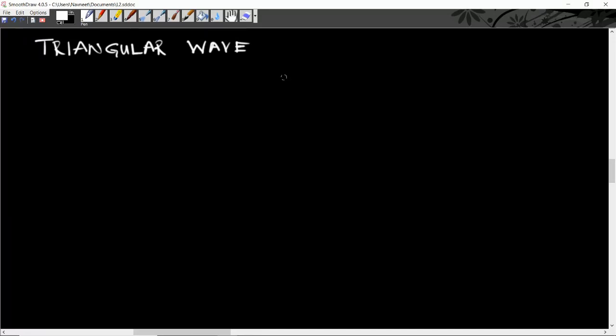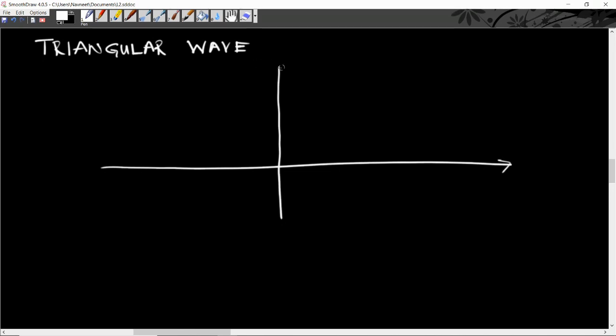This triangular wave is shown in this plot. We are representing this wave with the function f of t, and this wave has a time period of capital T. So let's plot this function.